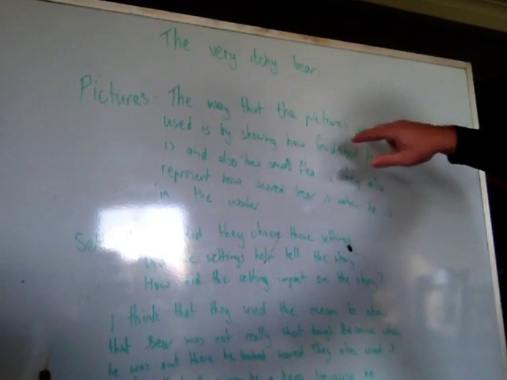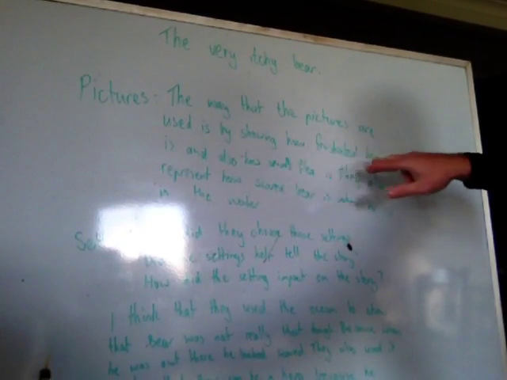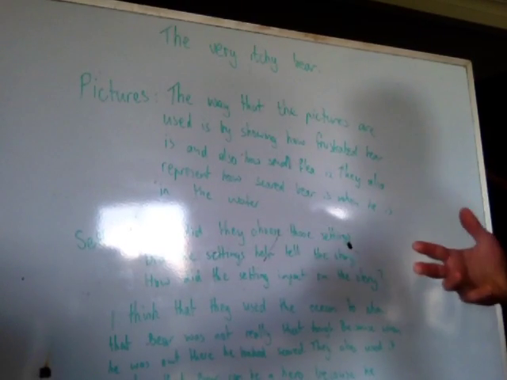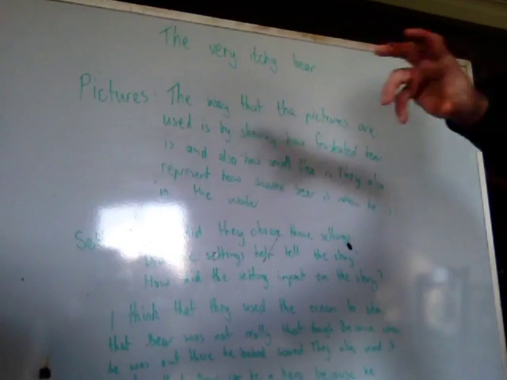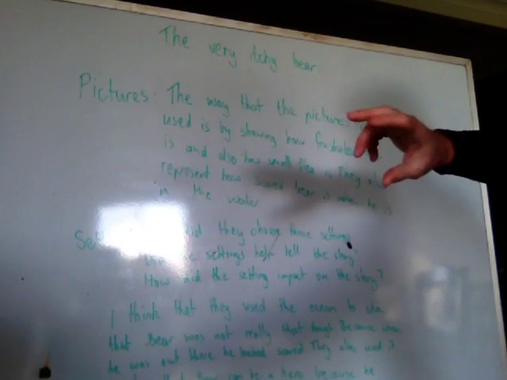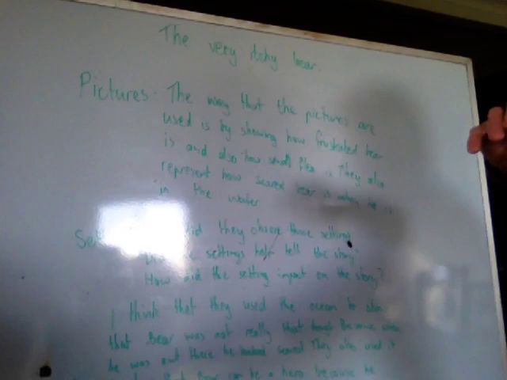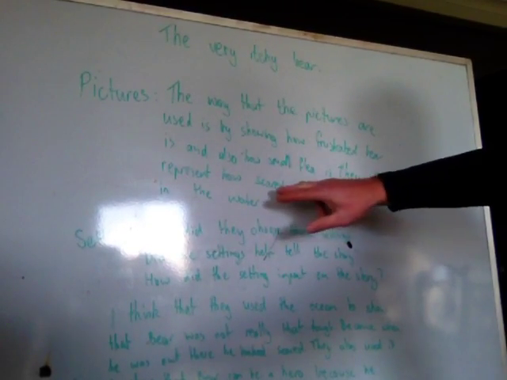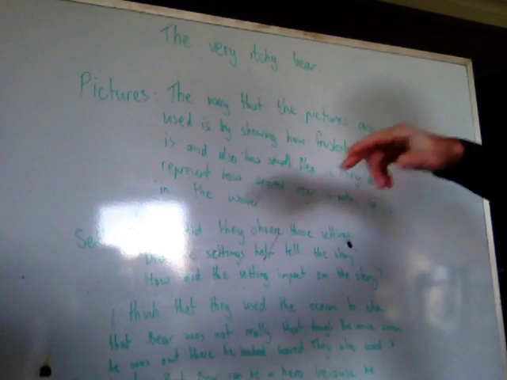So the way that the pictures are used is by showing how frustrated Bear is and also how small Flea is. Okay, so in all the pictures, they had to actually point out where Flea was, showing how small it was. So that's the role that I thought the picture played. And they also represent how scared Bear is when he's in the water.